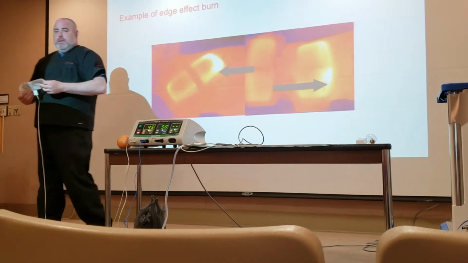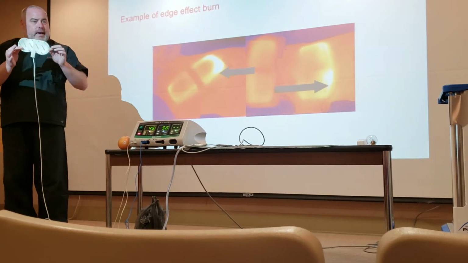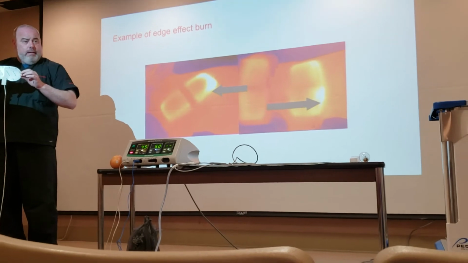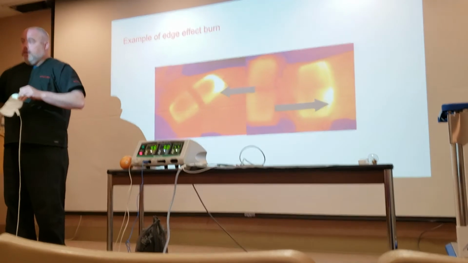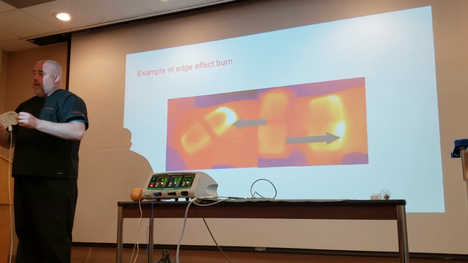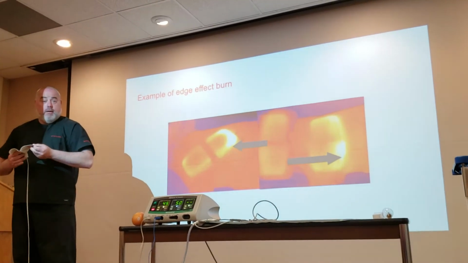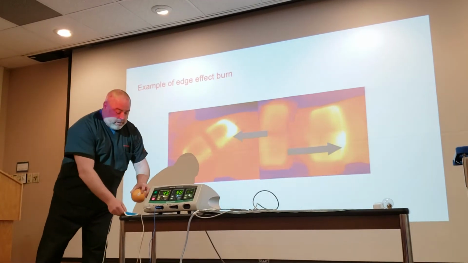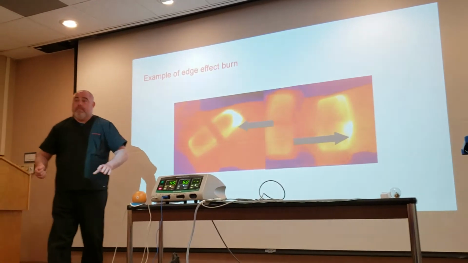One of the advancements that have been made is that instead of rectangular pads, there are some square ones that help with that. But when you're placing these, think about where the operative site is and ensure that you position this correctly, with a long side towards that surgical site. Does that make sense? Okay.